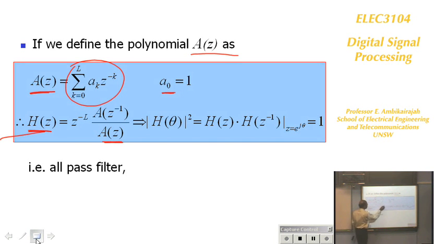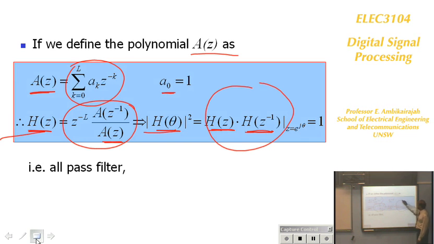This means you are taking the complex conjugate and multiplying. If you do that, you will get H of z multiplied by H of z to the minus 1, which we can show is equal to 1. And this is an all-pass filter. Unless you look very carefully, you may find this not easy to understand, so go back to the example and then come back here.